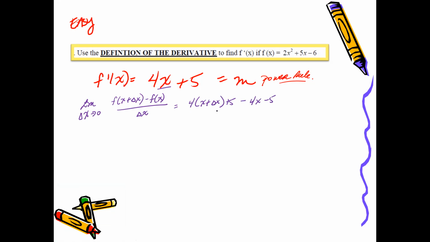Make sure you distribute this, which will give you 4x plus 4 delta x. Combine like terms: the 4x and the negative 4x cancel, the positive 5 and negative 5 cancel, and 4 delta x is what remains over delta x. This is pretty simple, it actually cancels, so 4 is left.